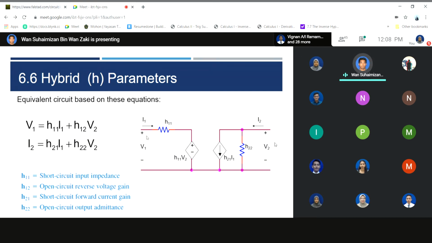If you do a loop here, V1 plus H11 I1 plus H12 V2. Another point here, we have I2 equals the current here, H21 I1, plus V2 over H22. So this is the hybrid parameter equivalent circuit.